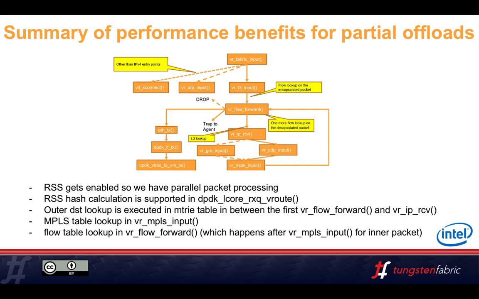We have seen some pretty good performance boost in our lab. I'm not going to share any numbers because it's preliminary data, but the picture is very, very positive. This is the partial offloads.